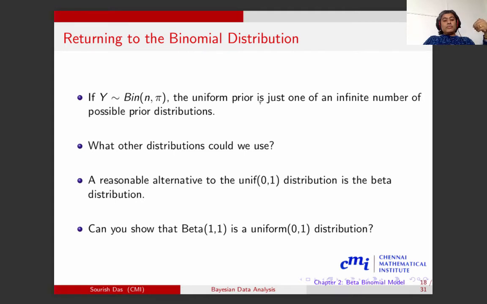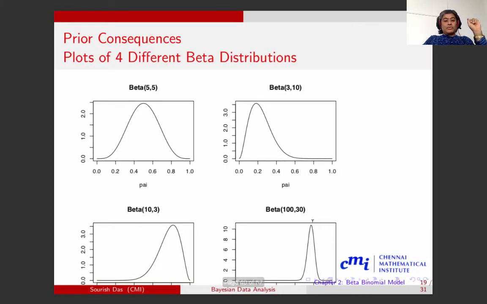A reasonable alternative to the uniform 0 1 distribution is the beta distribution itself, because the beta distribution also has support between 0 and 1 only. So can you show that beta 1 1 is a uniform 0 1 distribution? I'm leaving it to you as an assignment. I'm not going to work it out here.